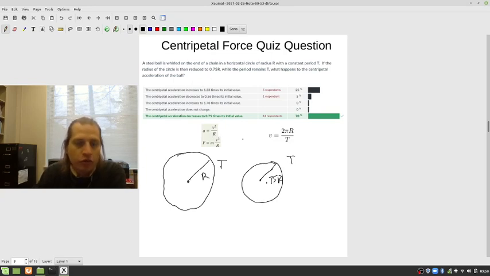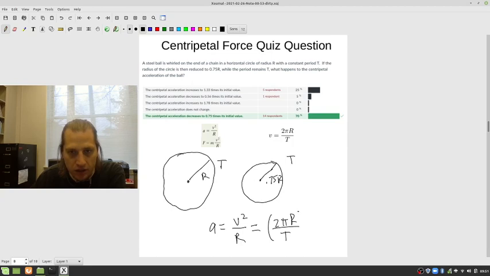Now, why is that wrong? The reason that doesn't quite work is that your v also depends on r and t. So what you need to do in this problem is say a equals v squared over r, but your v also depends on r and t, so you would have to write 2 pi r over t, squared, over r, which equals 4 pi squared r squared over r, which is just r, over t squared.